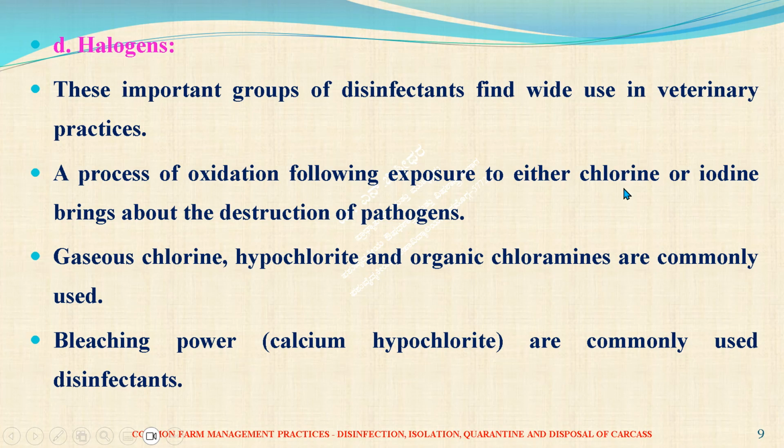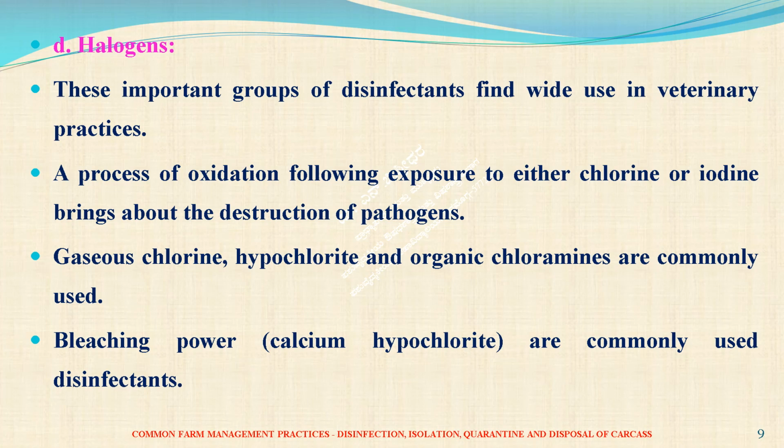Then halogens, and these are important groups of disinfectants. They are found everywhere in veterinary practice. A process of oxidation following the exposure to either chlorine or iodine brings about the destruction of most of the pathogens.